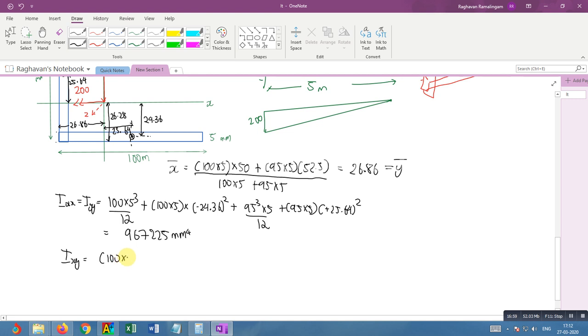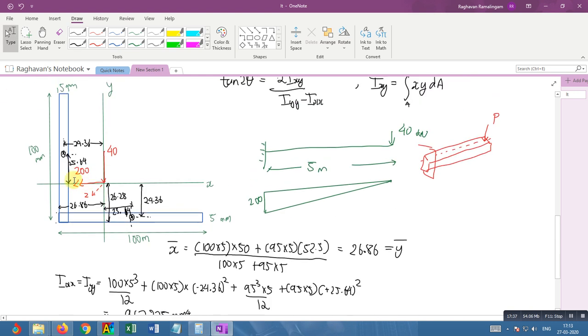So if it's the 100 into 5 area, multiply it with plus 23.14, positive because it's towards the right, and minus 24.36, plus the next area 95 times 5 into minus 24.36 and plus 25.64.